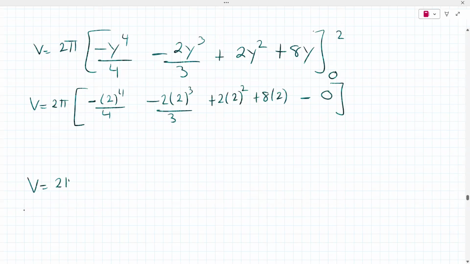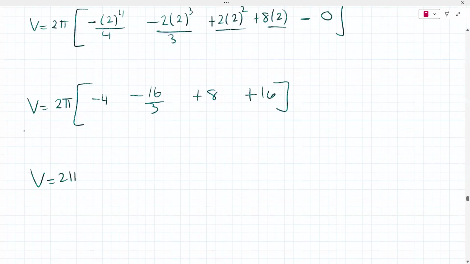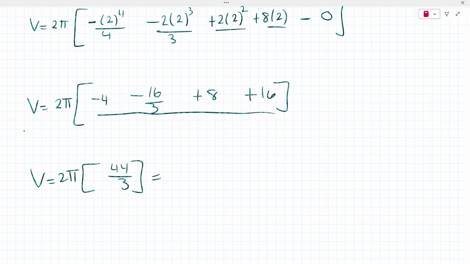So V equals 2 pi times that. When you put this in the calculator, it gives you -4. Then -16 over 3. Then +8. And then 8 times 2 is 16. So V equals 2 pi, and when you put this in the calculator, you should get 44 over 3. When it's all simplified, it should give you 88 pi over 3.